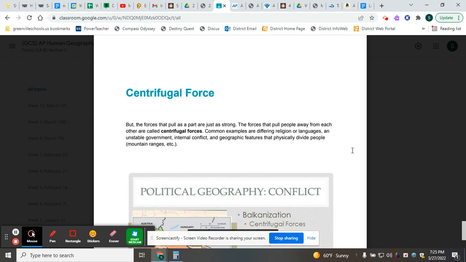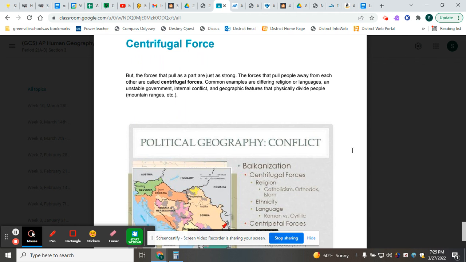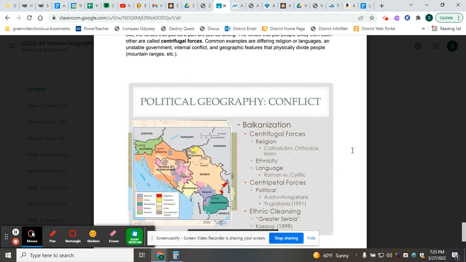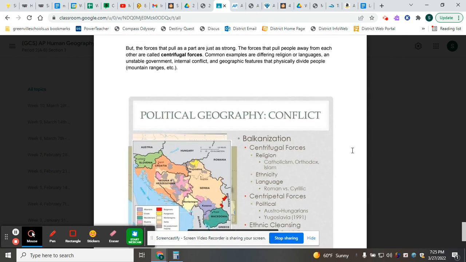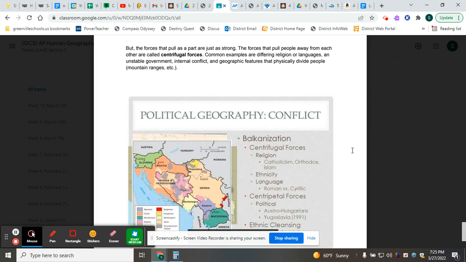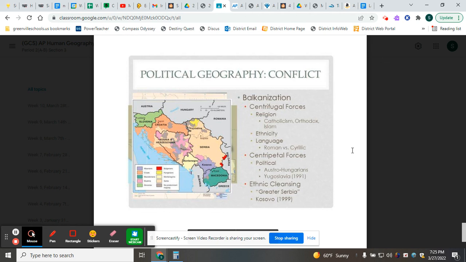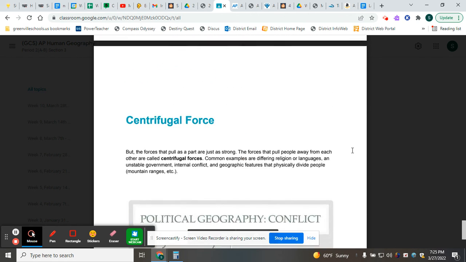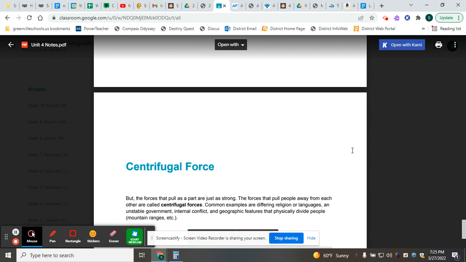On the flip side, if your country, like in the case of Yugoslavia, has a ton of centrifugal forces at play, things that will divide your country, it runs the risk of falling apart, which is what happened in the 80s and 90s to what we now call the former Yugoslavia.